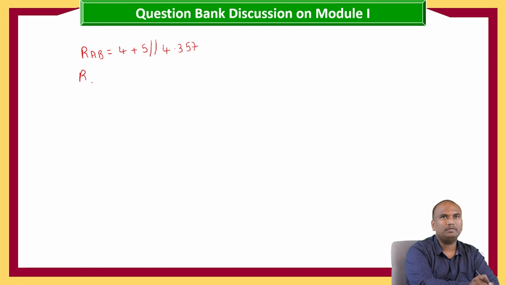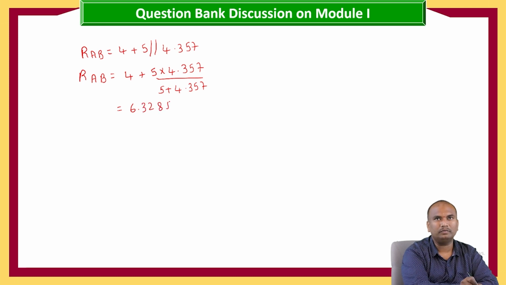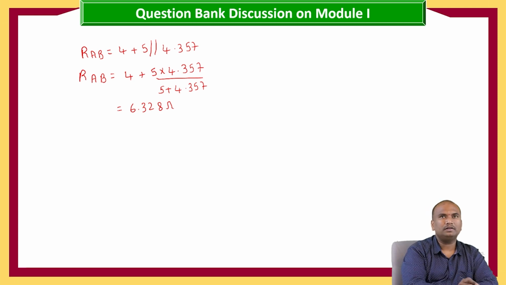So RAB is equal to 4 plus 5 into 4.357 divided by 5 plus 4.357, which is equal to 6.328 ohms. This is the RAB we got.